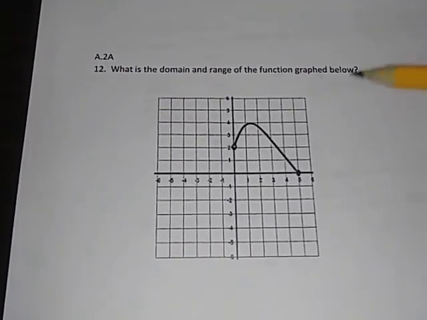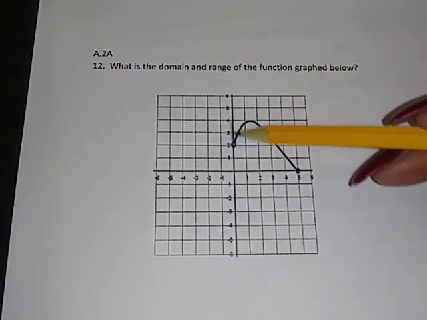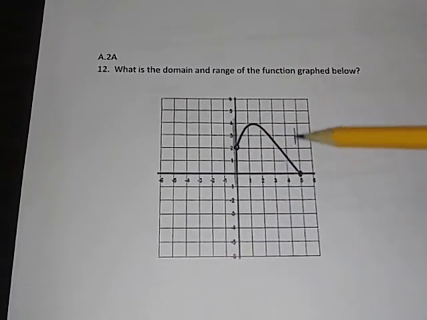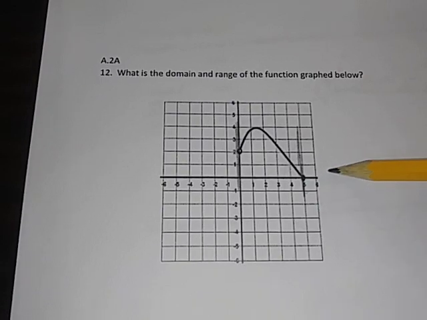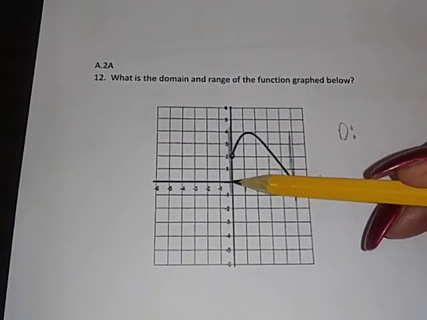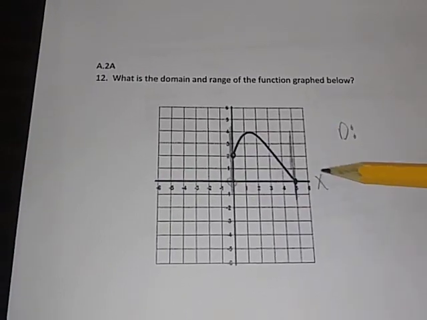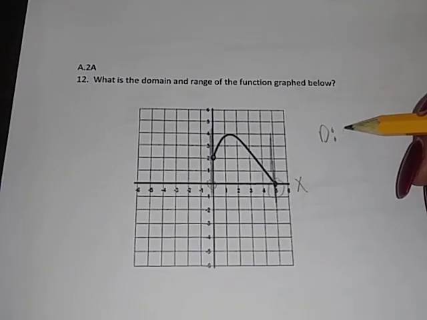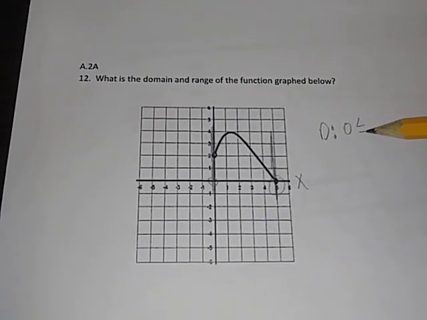Again. So how far left? Cross the x-axis. How far right? Cross the x-axis. That means we're talking about domain. Crossed at 0. Crossed at 5. Therefore, 0 is less than.